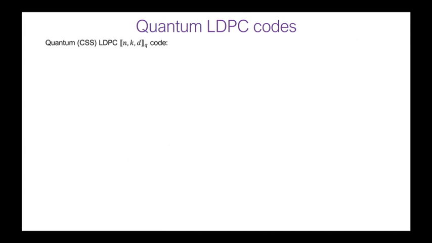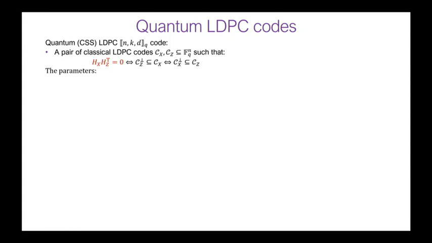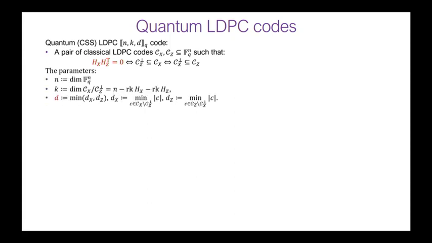Let us discuss quantum LDPC codes. Quantum LDPC codes are really similar, but we can view them as a couple of classical LDPC codes. Unfortunately, to define a proper quantum LDPC code, we need to satisfy this well-known condition. The parameters of these codes are defined in a similar way: the number of qubits minus the number of checks.